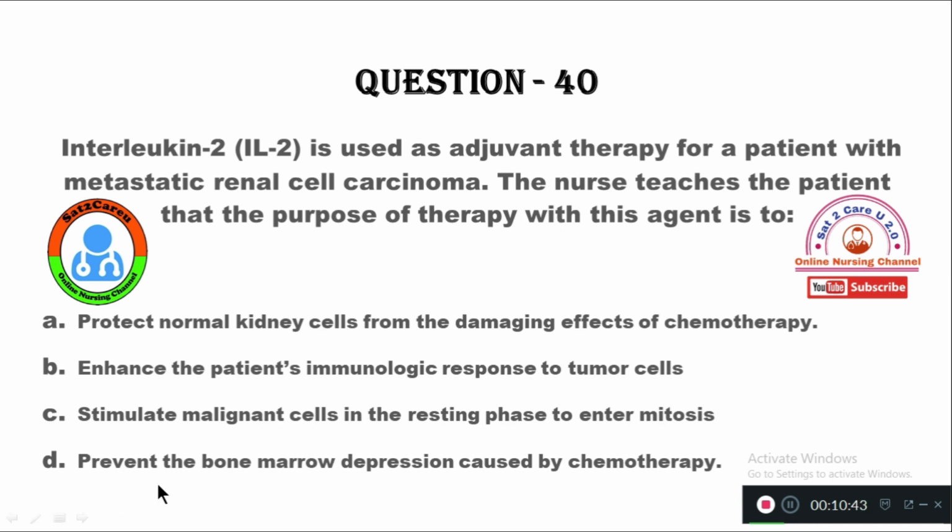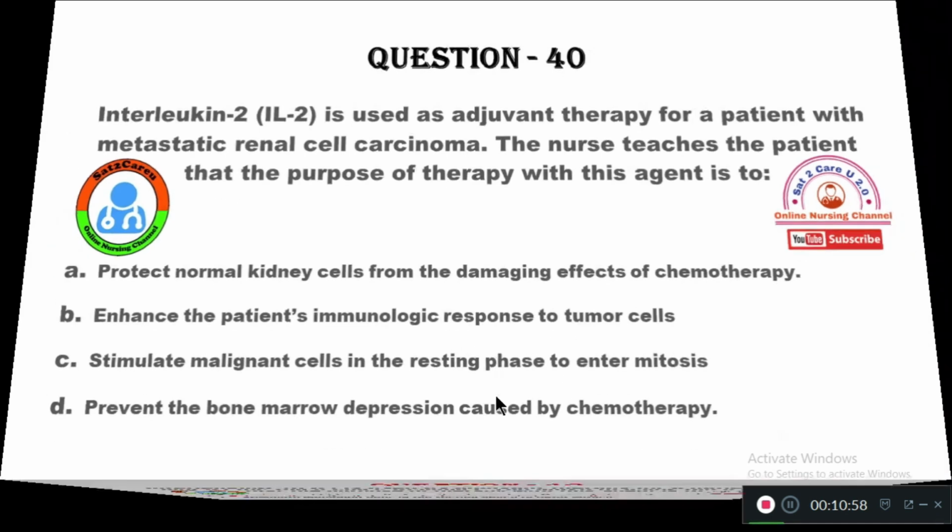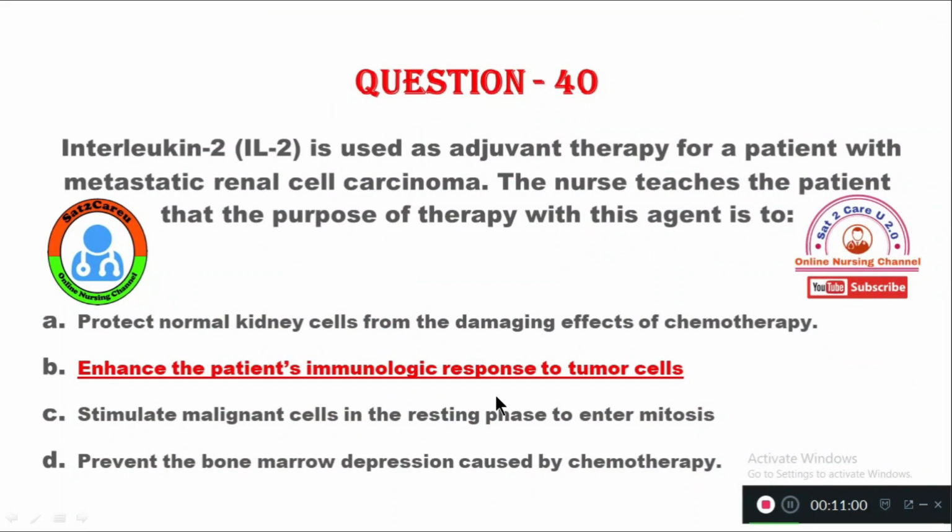Option D, prevent the bone marrow depression caused by chemotherapy. For what purpose is the therapy given? The right answer is option B, to enhance the patient's immunologic response to the tumor cells. Interleukin 2 is given as adjuvant therapy to patients who have metastatic renal cell carcinoma.